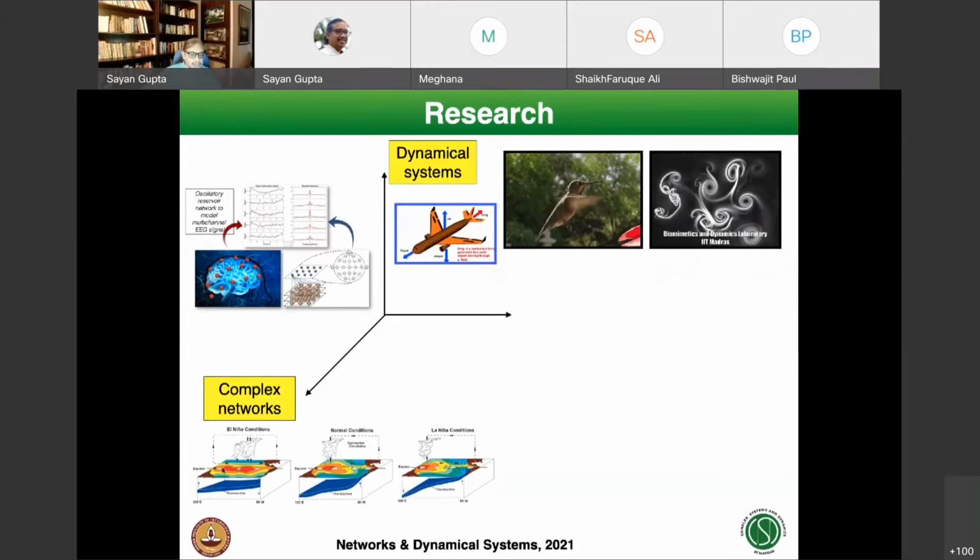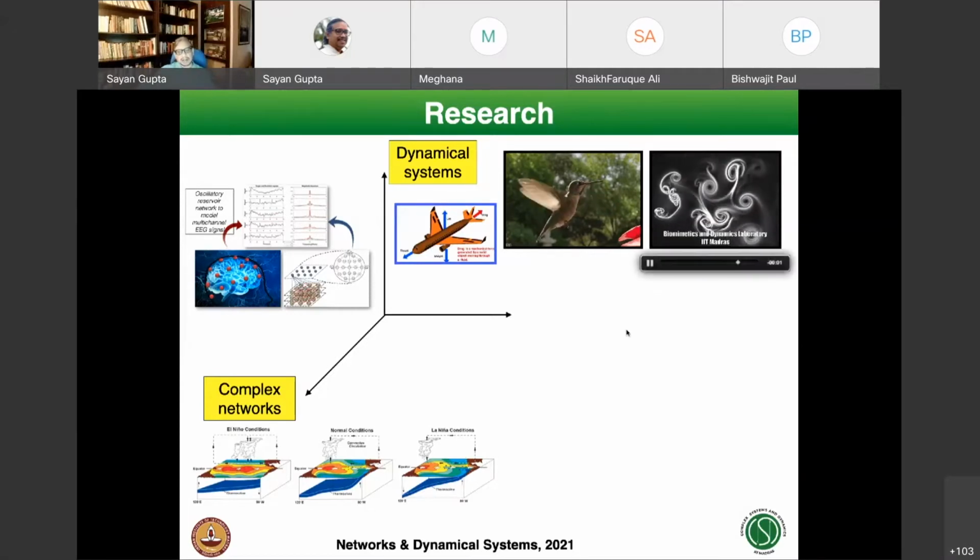Or, for example, the climate. If you want to model the Earth's climate, you have to model it with each measurement point behaving like an oscillator, and they're all coupled in a network form. And there's an interaction between each of these unit oscillatory units.